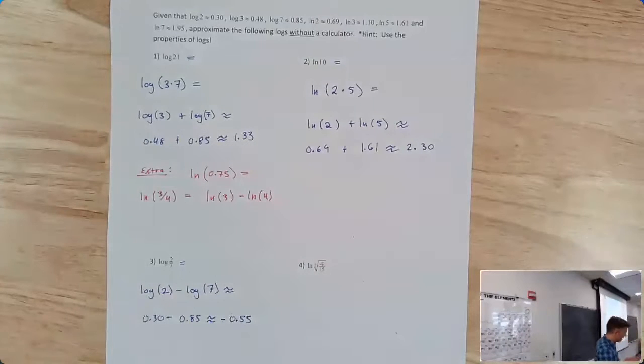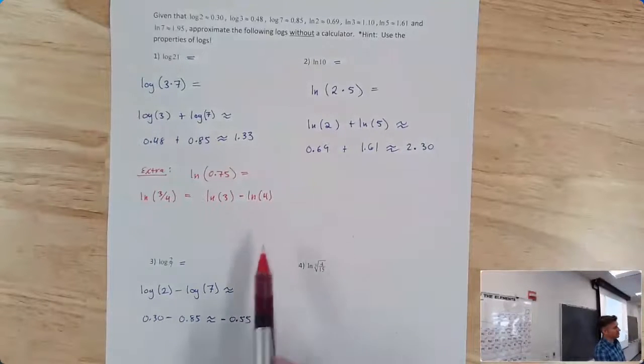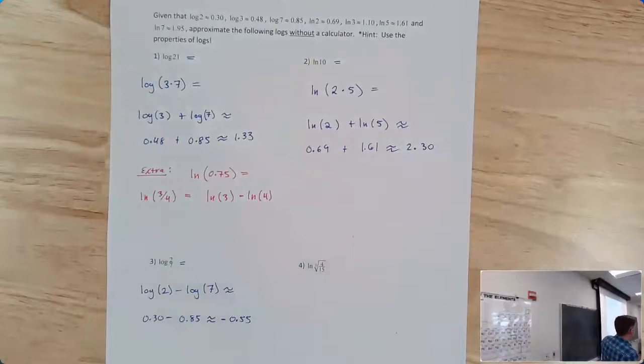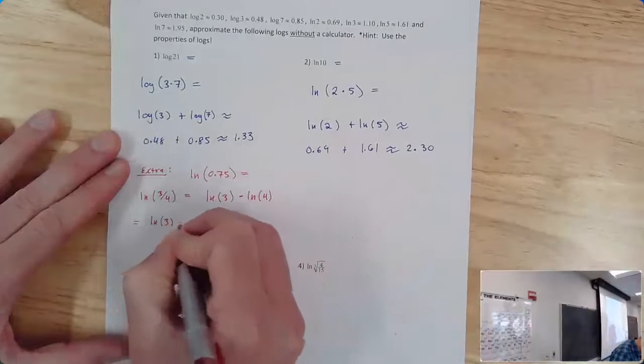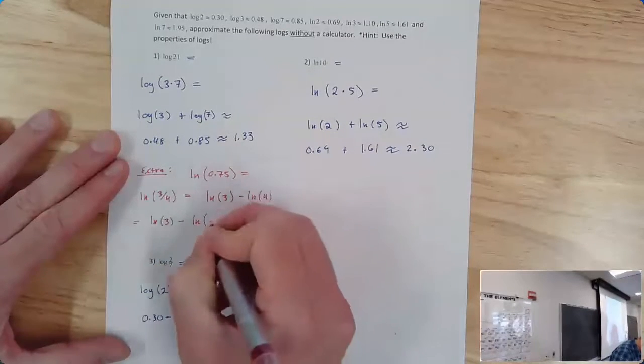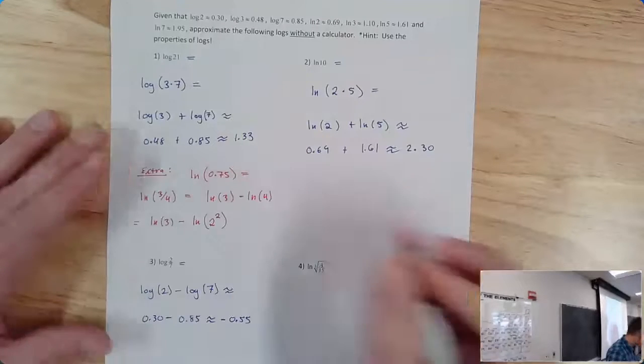I have one of those things. I have the natural log of 3. I don't have the natural log of 4 though. But I do have something that 4 is a power of. I have the natural log of 2, exactly. So the idea is if you see something you have to take the natural log of, and it's not a number you have, but it's a power of a number you have, you can say, I'm going to write this as the natural log of 3 minus the natural log of 2 squared.